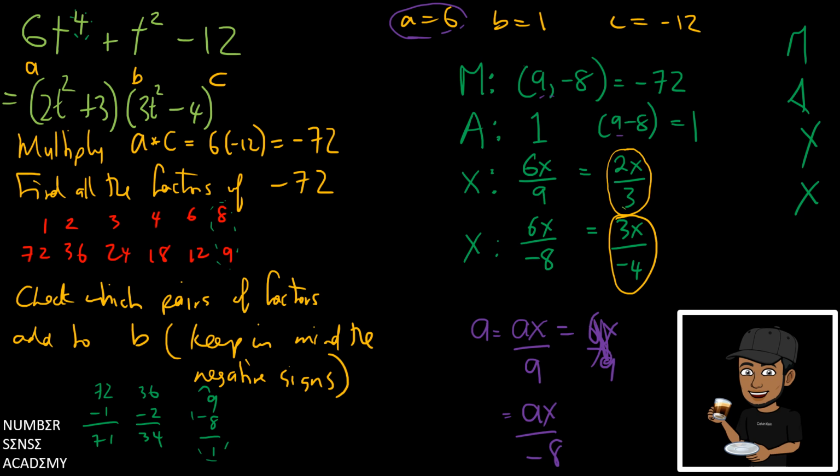And keep in mind that you're dealing with t to the fourth and t squared as opposed to x's. All right, so if I go 2t squared times 3t squared, I get 6t to the fourth. 2t squared times negative 4 is negative 8t squared, plus 3 times 3t squared is 9t squared. The sum of those is 1t squared, and then 3 times negative 4 is negative 12. So if you were to work it out, you get back to exactly where you started.